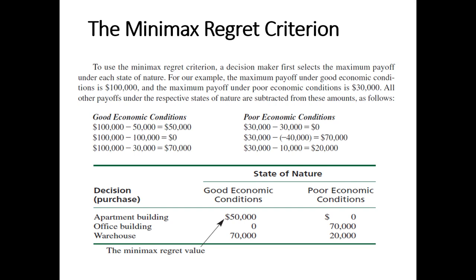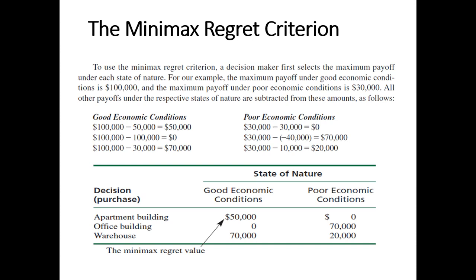The next one is called the Minimax regret criterion. Now listen carefully so that you understand, because it is slightly more complicated than the previous two. Here there is a step to follow.